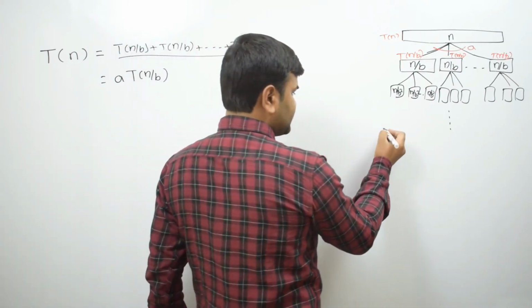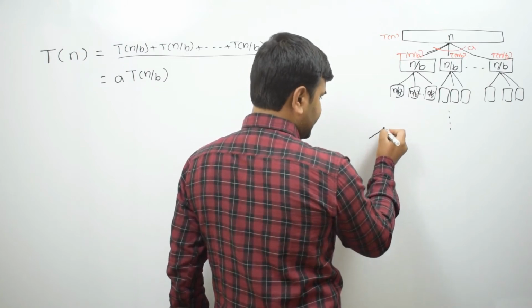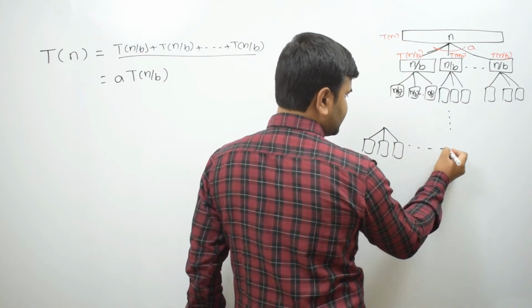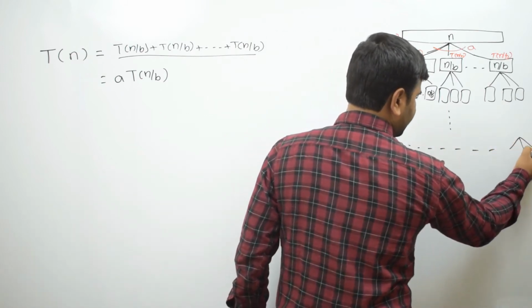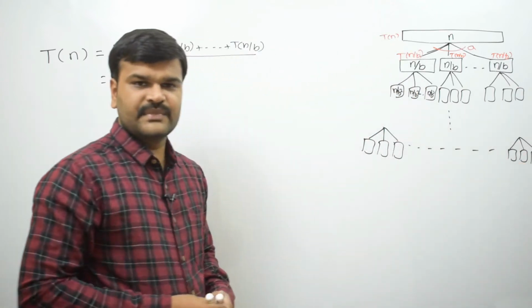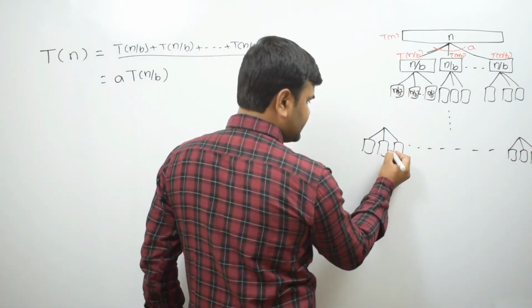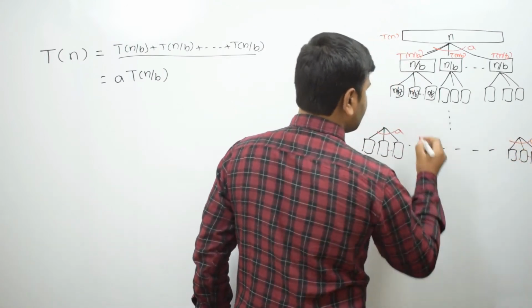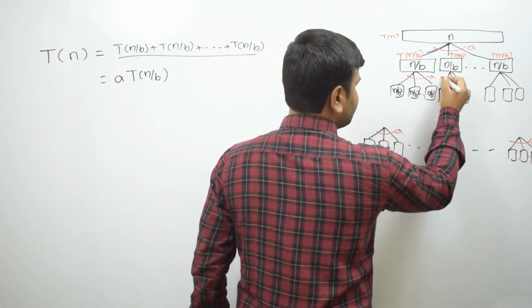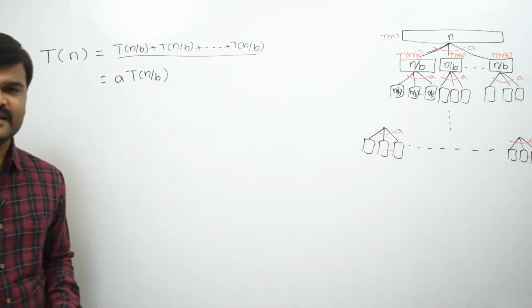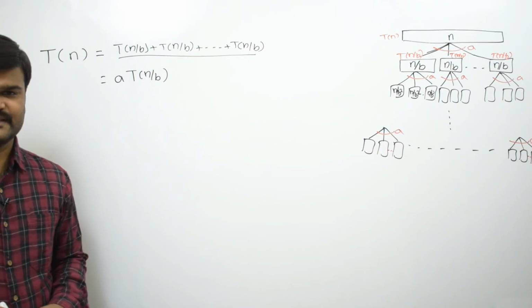If you take some level and assume this is the last level, here a subproblems will definitely be there, here a subproblems, here a subproblems. So like that it is going.